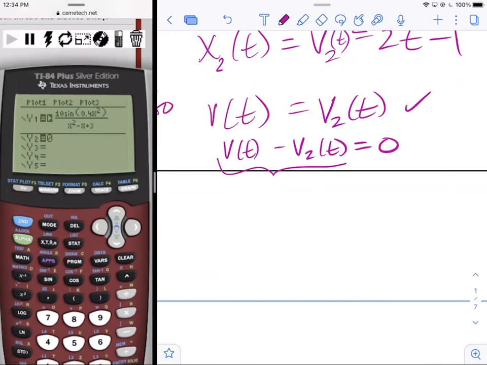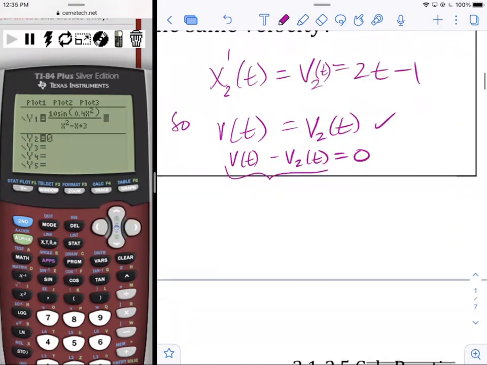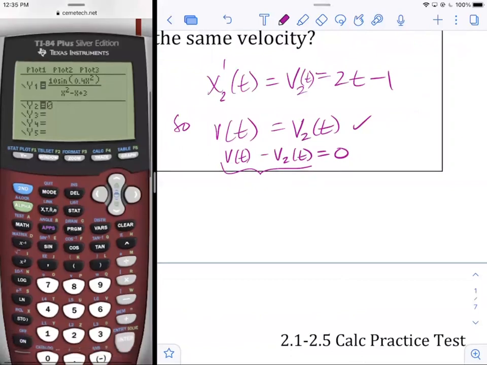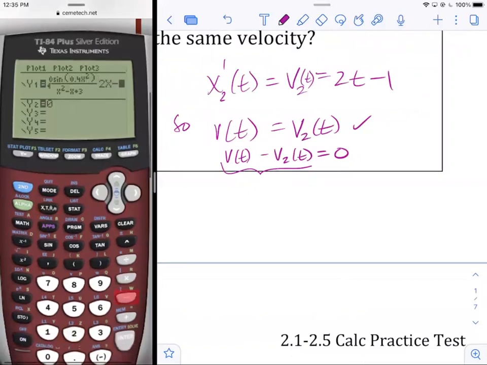So back to y equals, I'm just going to come here at the end of y1. And notice I'm changing what's in y1 now. So what will be in y1 is no longer just v of t. And then I'm going to put minus 2x minus 1. If I now hit, is that right?